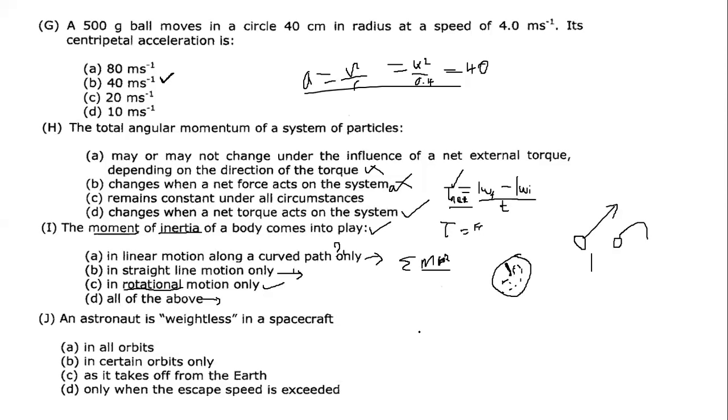I answered in certain orbits only. I was marked wrong. But now maybe I would guess D, only when the escape speed is exceeded. What do you understand by the term escape speed?